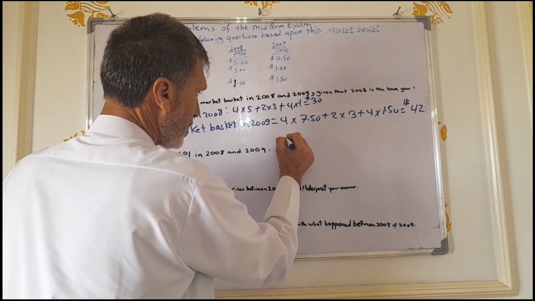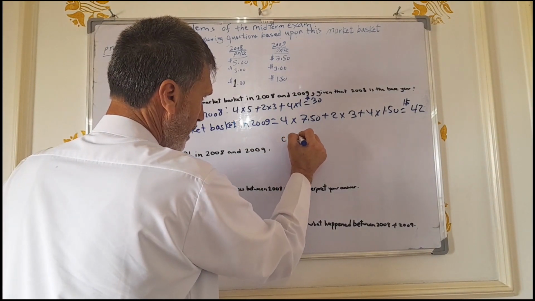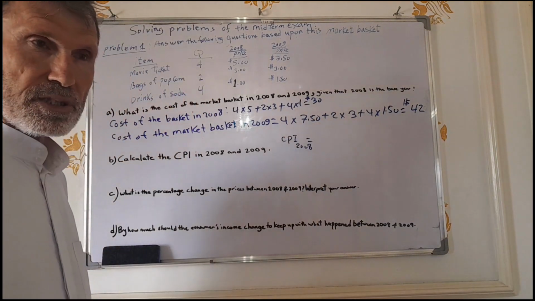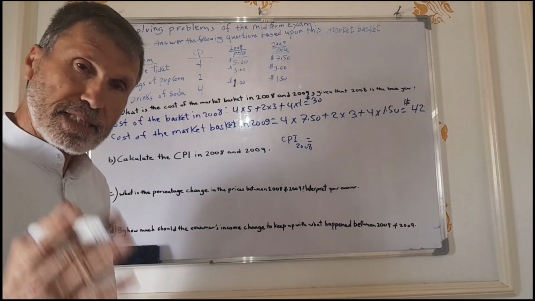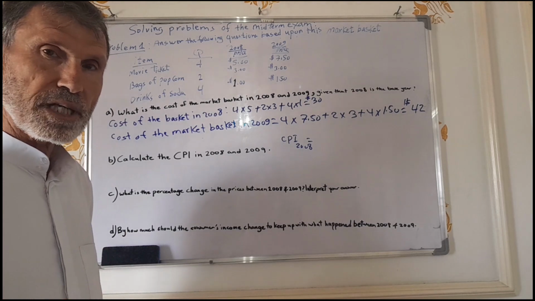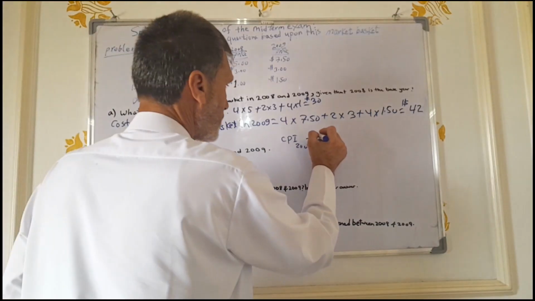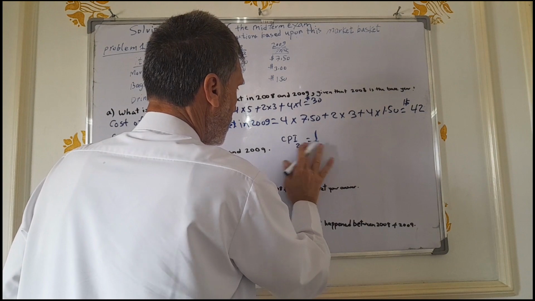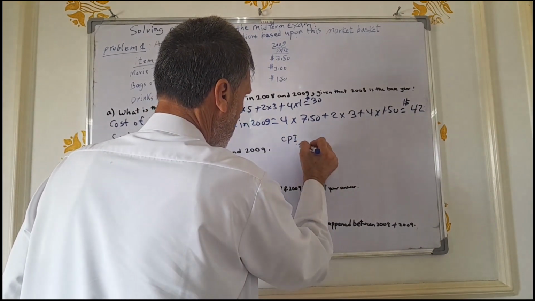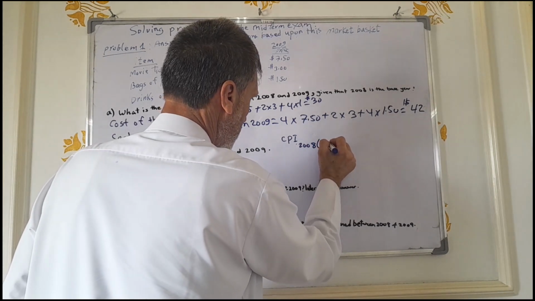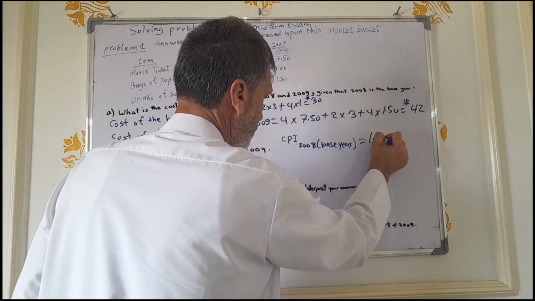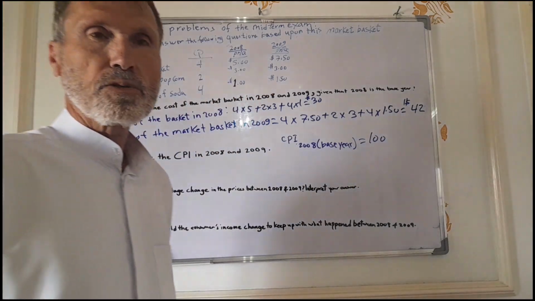CPI in 2008 is equal, of course, because 2008 is the base year, then the CPI in this base year, 2008, is 100. Now, perhaps you want to know why 100.